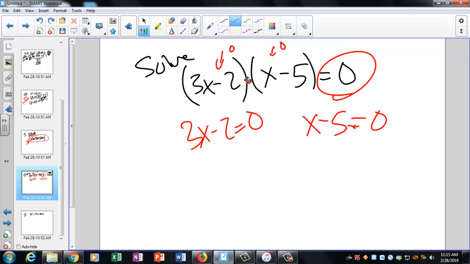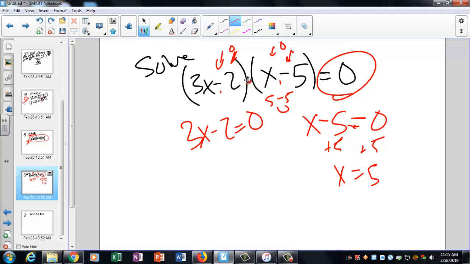So if x is 5, 5 minus 5 is 0. Do we agree? And 0 times whatever that is, is 0. And so that's how this works. You're figuring out what makes this piece 0. You're figuring out what makes this piece 0. And then once you have that, the multiplication then becomes 0.